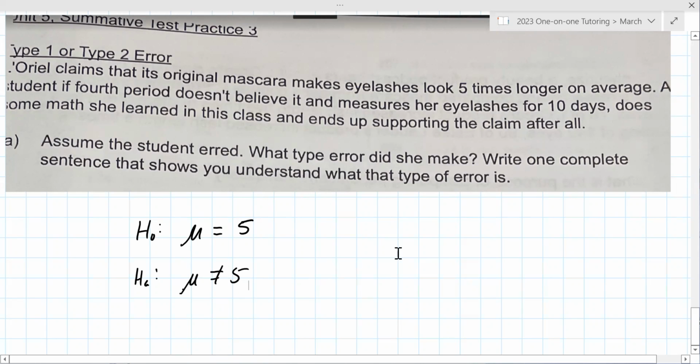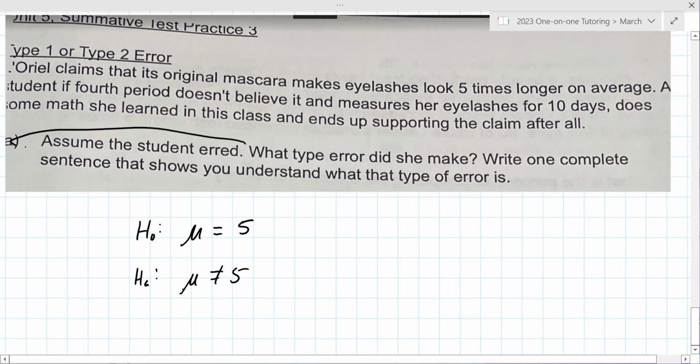Okay, so let me just think about this. Student doesn't believe it. So the student rejected the null hypothesis, like they think that this is true, but it's actually not true.